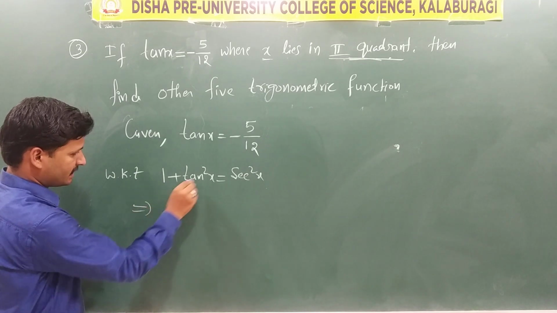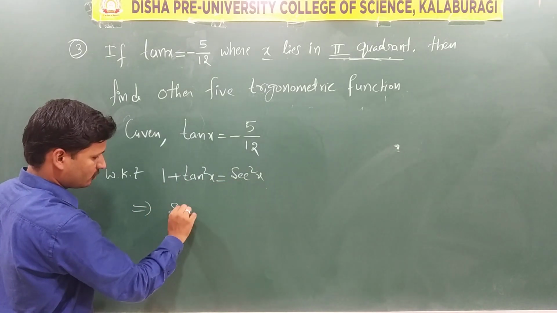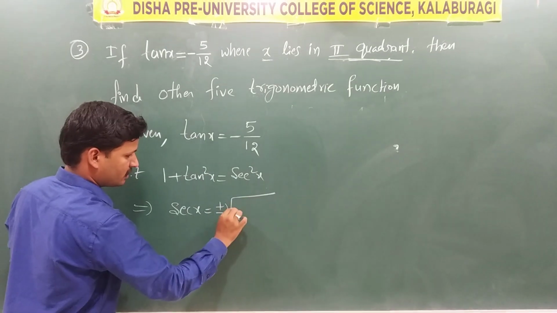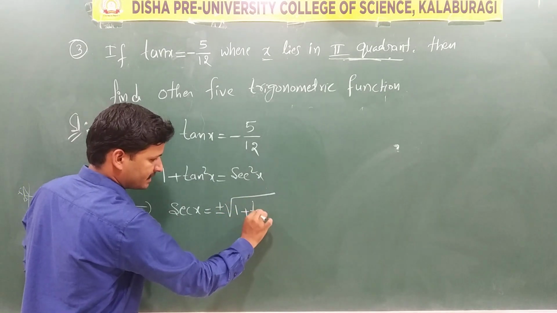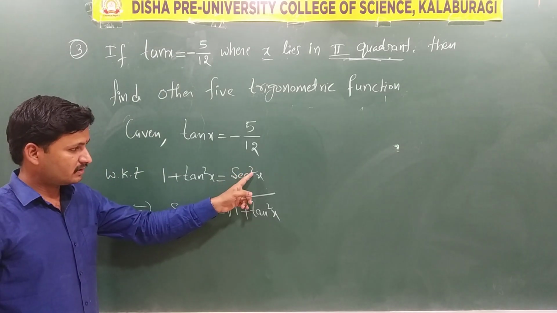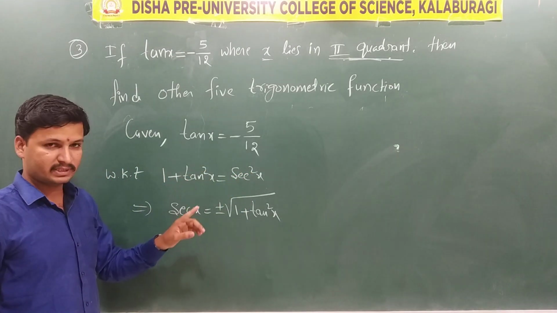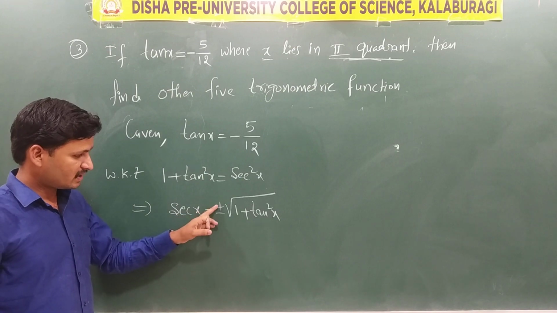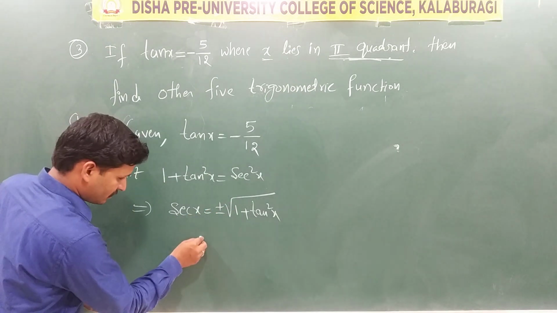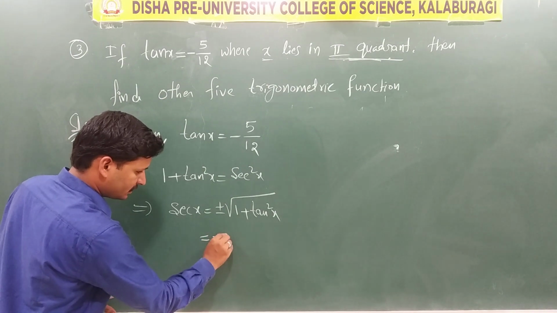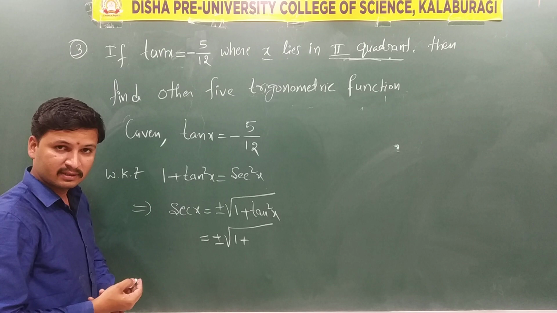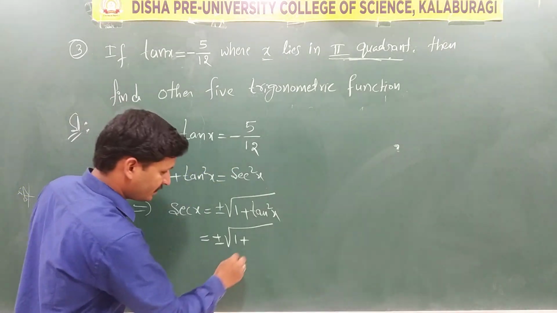Which implies secant x is equal to plus or minus under root of 1 plus tan square x. Taking square root on both sides, secant x is equal to plus or minus under root of 1 plus tan square x, and tan x is given, that is minus 5 divided by 12.